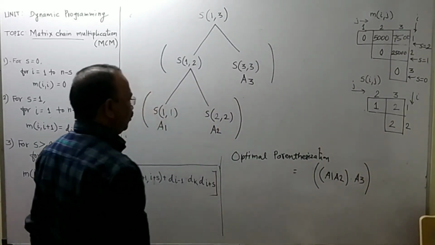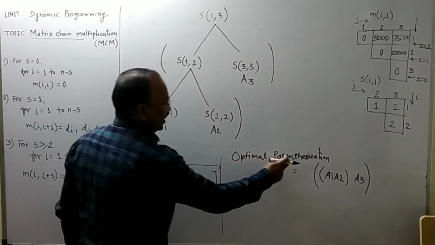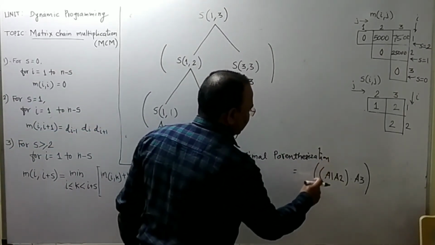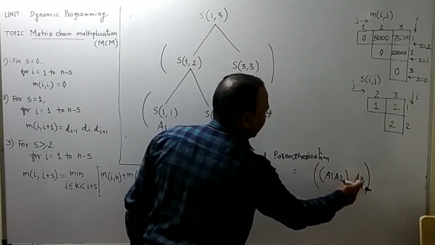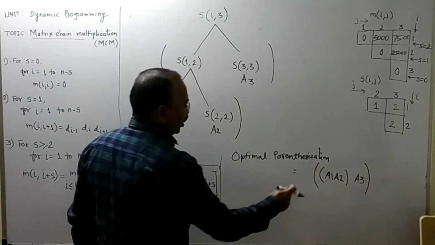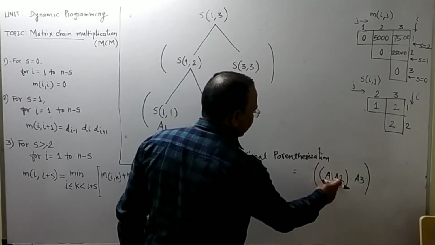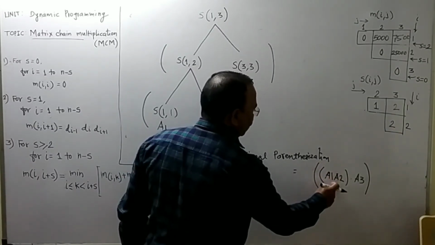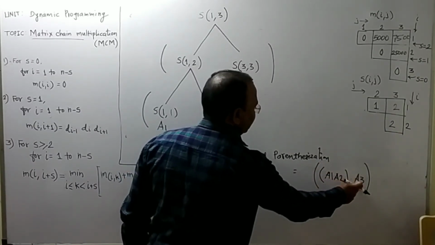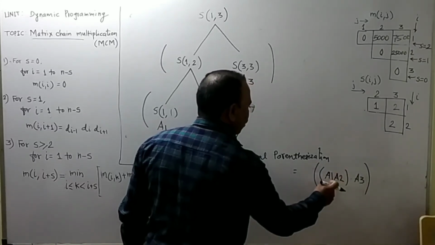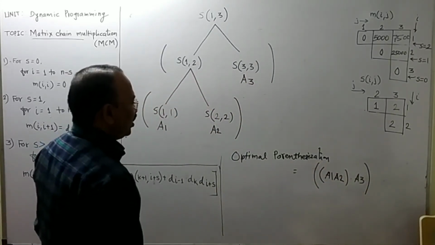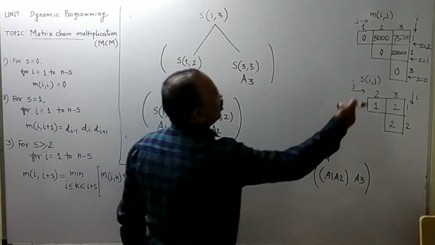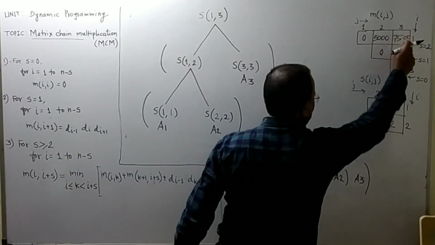In this way we have got the optimal parenthesization, that is in brackets A1 A2, complete the bracket, into A3. It means we multiply A1 with A2 and the result is multiplied with A3. For this optimal parenthesization, the minimum number of multiplication operations required will be 7500.